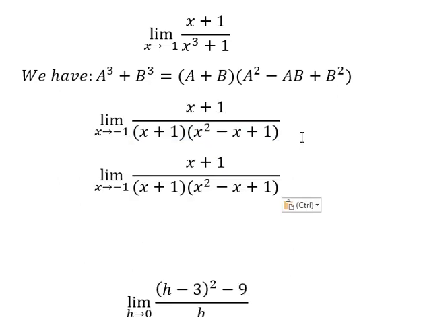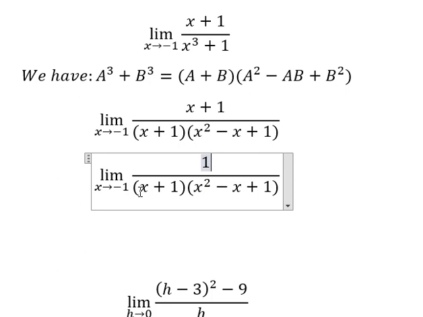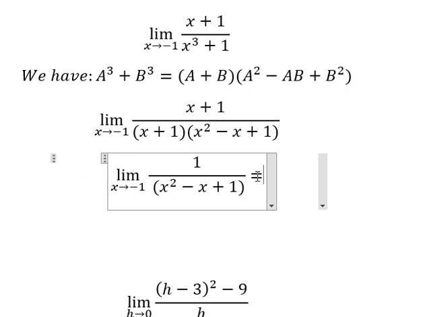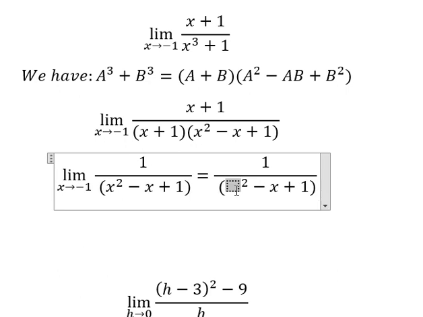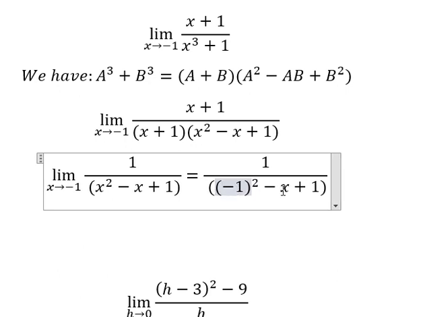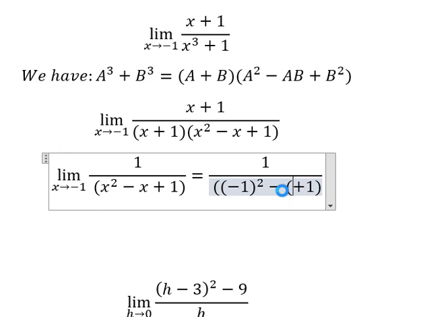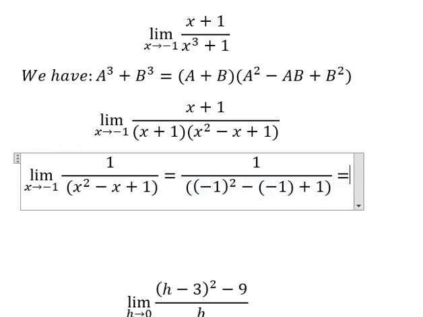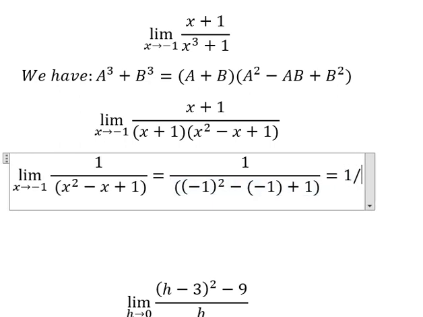Next, we need to simplify on numerator and the denominator. Now, I will put negative number 1 going here and here. So, we calculate this one and we have 1/3.